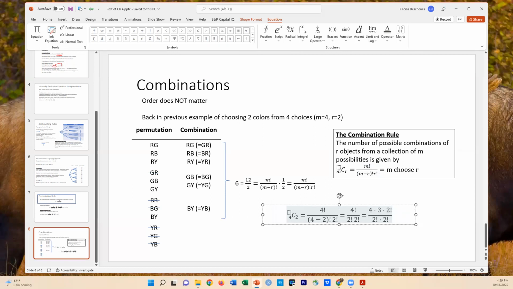So two of the 2 factorials are going to cancel out, and we have 4 times 3, or 12, divided by 2, which is equal to 6. So we see the formula will work.